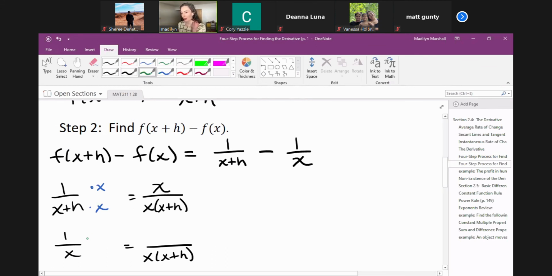The 1 over x we have to multiply by x plus h on the top and bottom. So remembering some algebra, if we have rational expressions that have different denominators, we need a common denominator. And often that will just be the two denominators multiplied together.